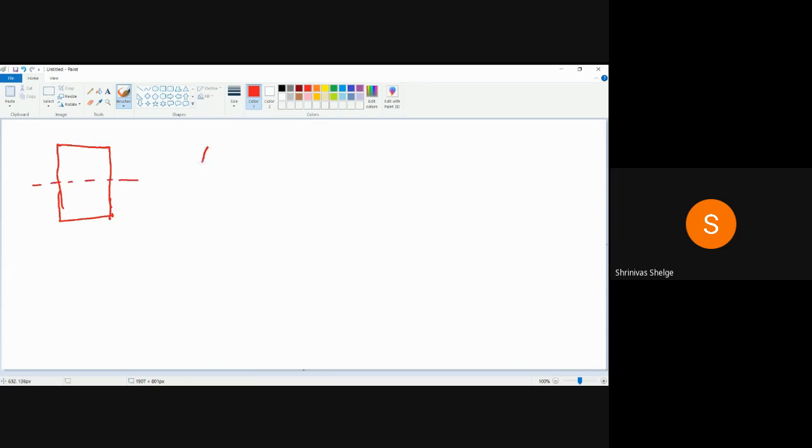And when it slightly gets displaced, somewhere here G is there, somewhere here B is there, correct? So here this is B, this is G, and somewhere here suppose a new center of buoyancy B1. So what happened?